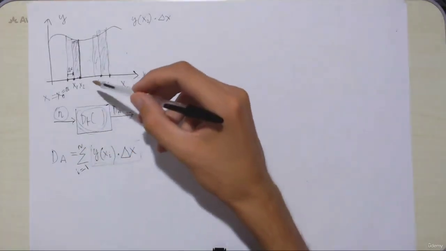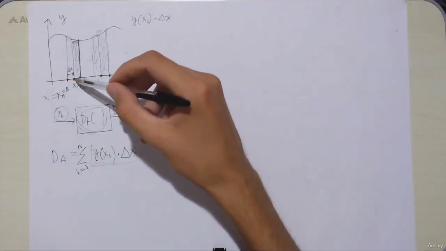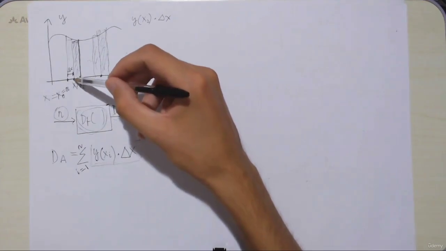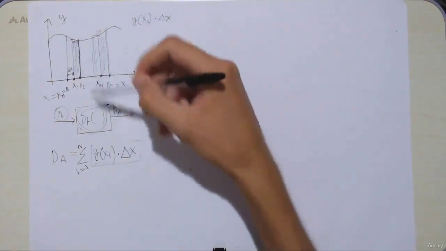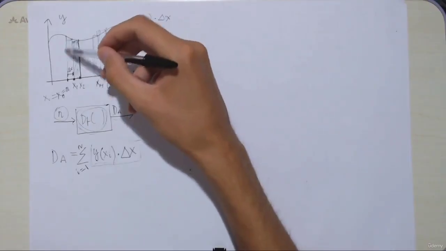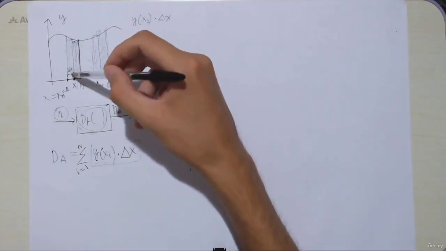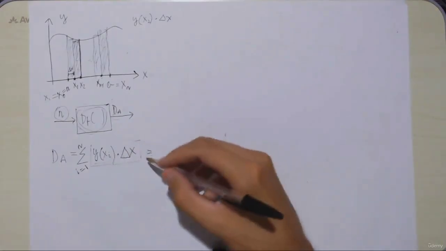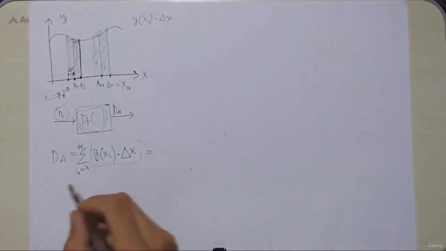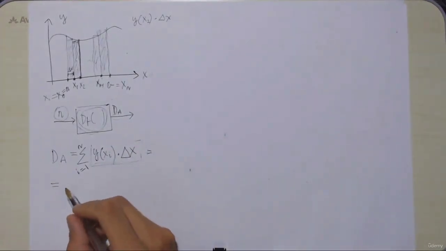Okay, so I start going from x1, which gives me this height, and then times delta x, then I will get this area here, and then the next one would be x2, so I can even write it down here to make it more clear.